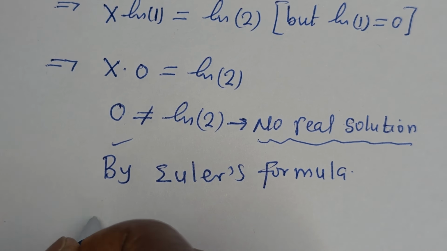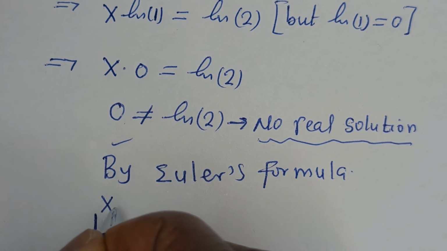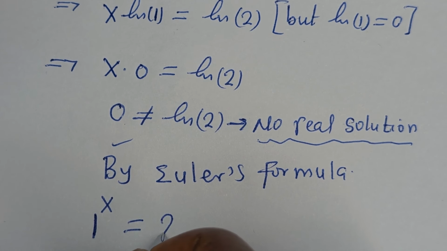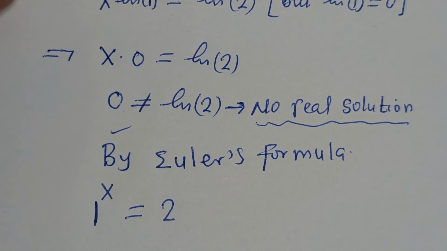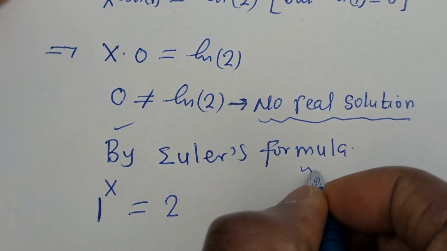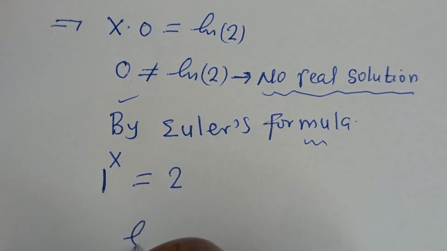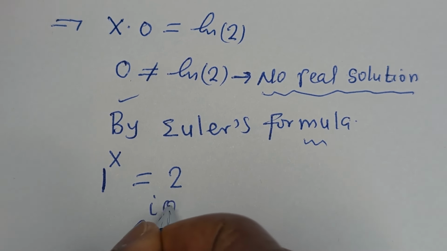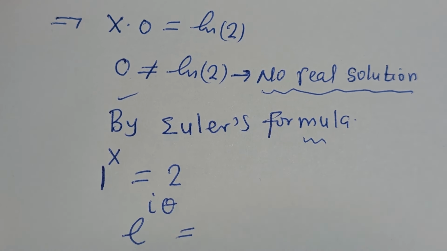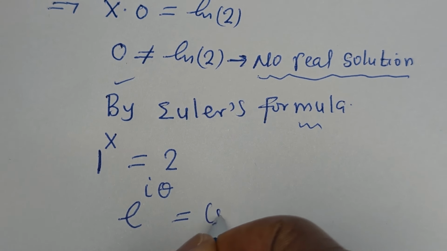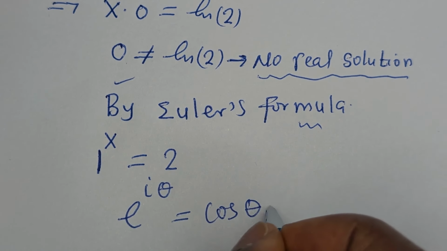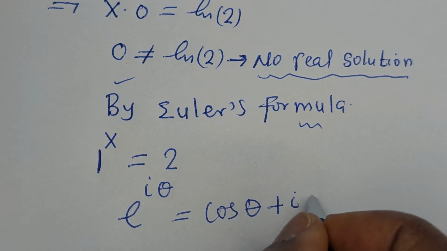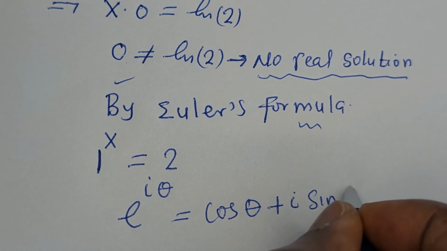That is, we have 1 raised to power s is equal to 2. Then Euler's formula says that e to the power i theta is equal to cos theta plus i sin theta.